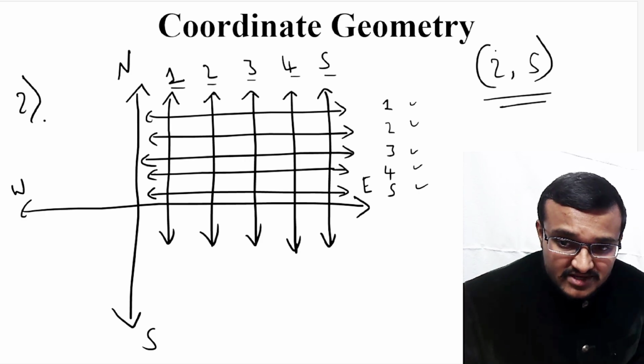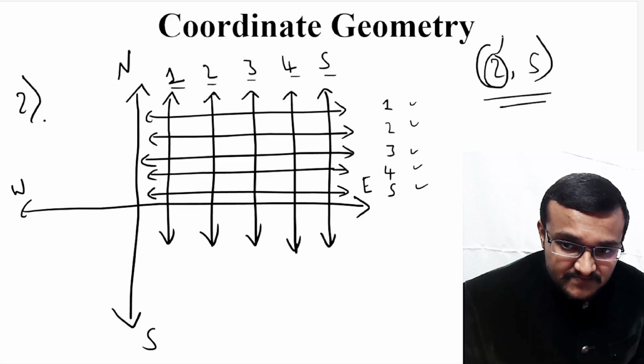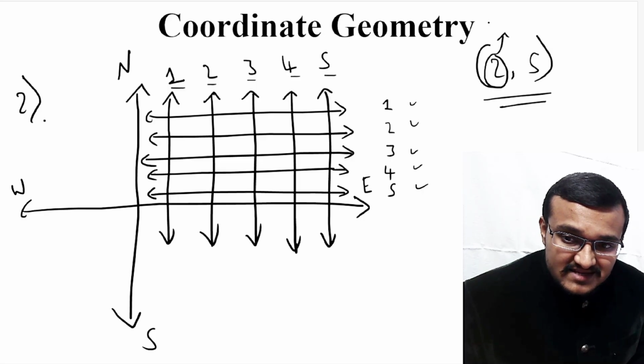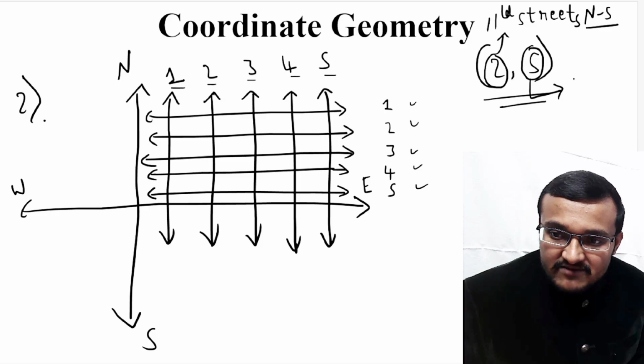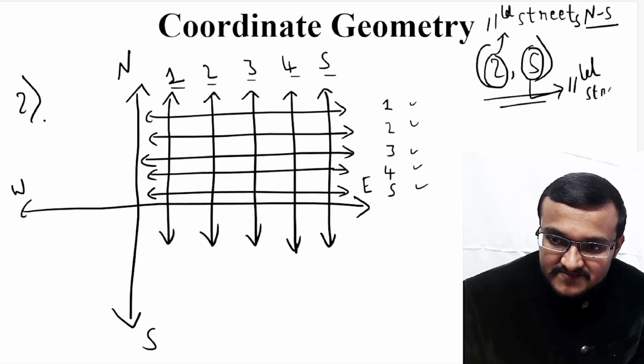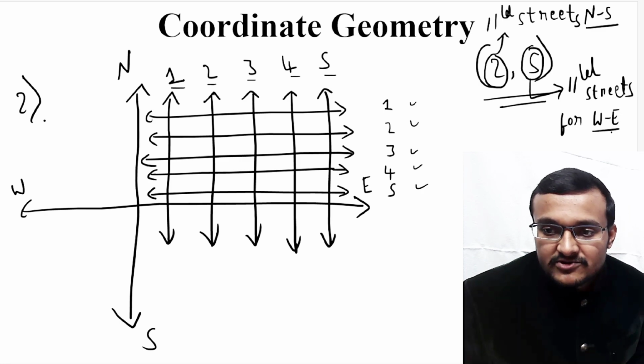Here the first position they are asking, we will take as the parallel street to the north south main road, and the second position we can consider as the parallel streets for the west to east main road.